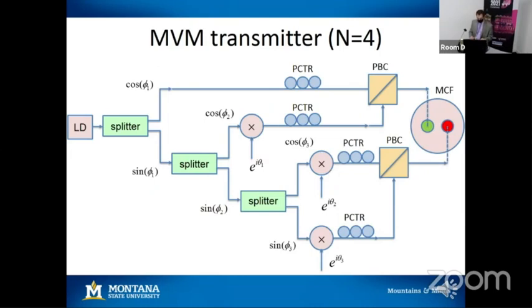So remember, the Jones vector has n components, so we need n branches. We split the light from a semiconductor laser using electro-optic splitters here in the various branches, so we can control the amplitude, and we can control the phase using phase modulators. And then the remaining part is polarization controllers and polarization beam combiners in order to inject the light in both the X and Y polarization of each core.